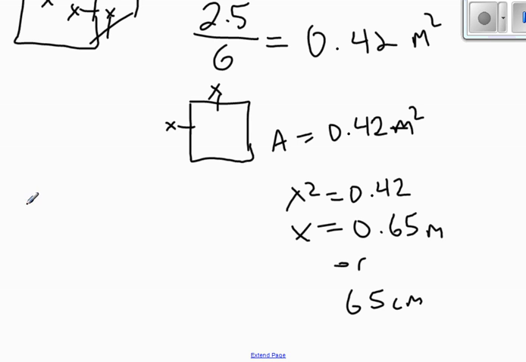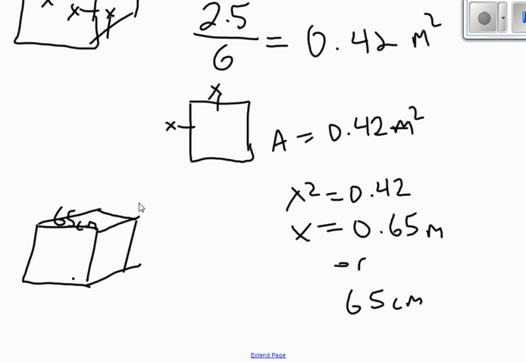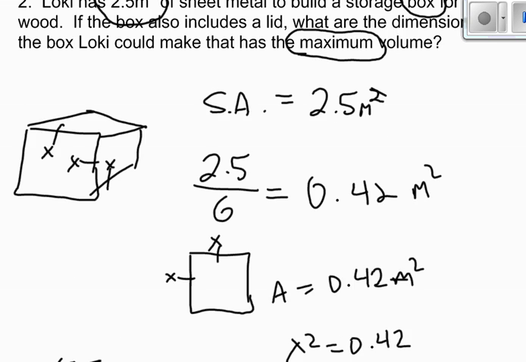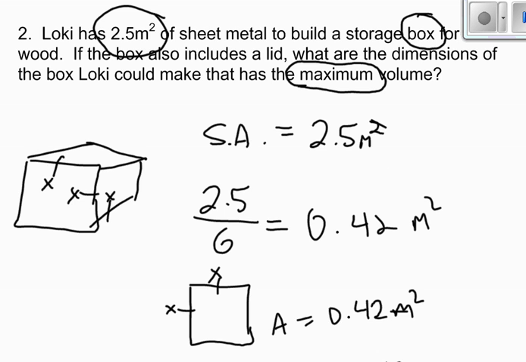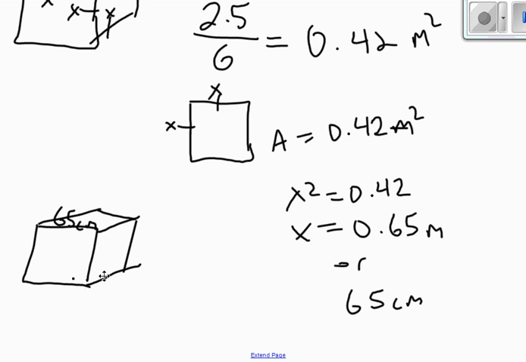So if I make a cube where each edge is 65 centimeters long, then I will have a volume that is maximized, and I will have used exactly 2.5 meters squared of sheet metal. And you can check that, of course, by doing the math, because each of these sides is 65 times 65, and then there's 6 sides.